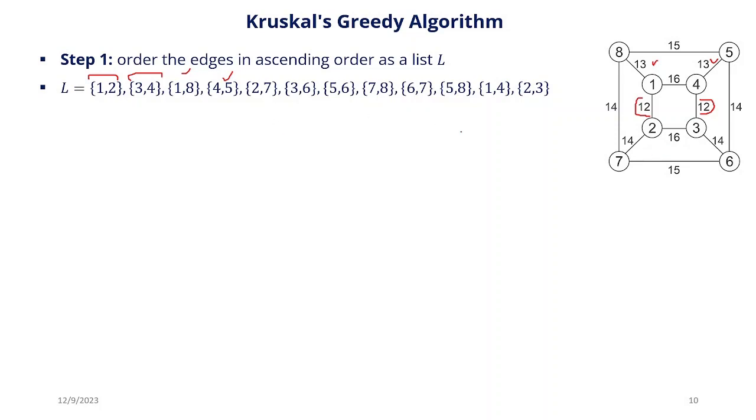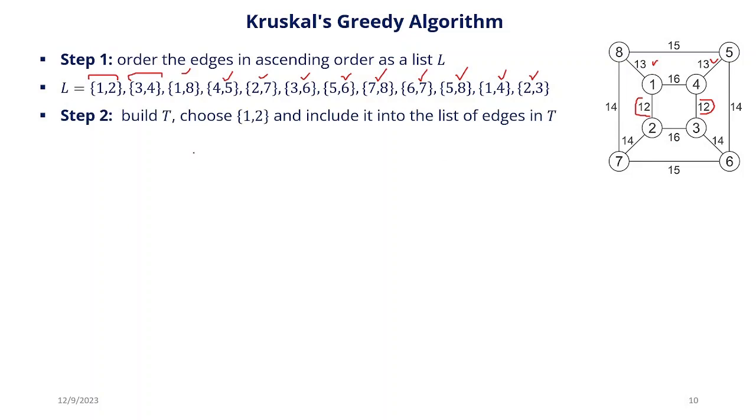So let's say we start from 2, 7, and then we have 3, 6, which is equally 14, and then we have 5, 6, and then we have 7, 8, both 14. Then we have two 15s, 6, 7 and 5, 8, and then we have 1, 4, and 2, 3, both of which are 16.